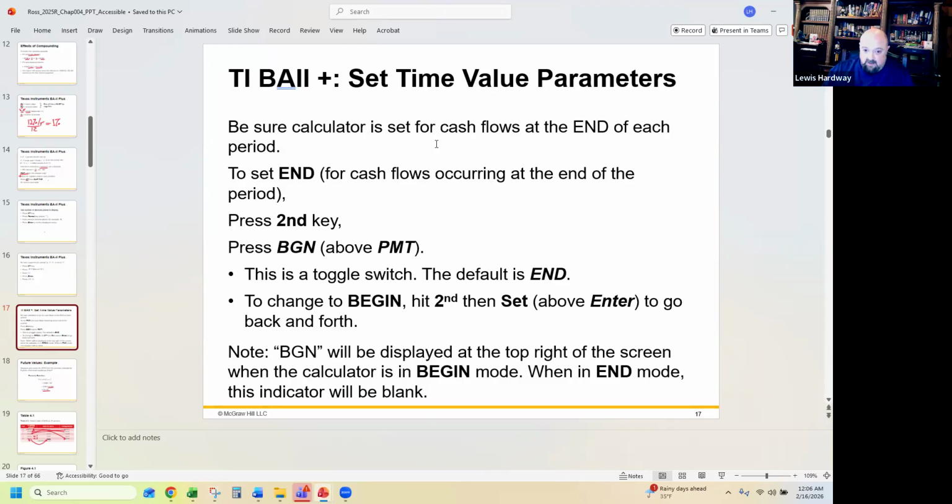Then you press the second key again and you hit the set button, which is right above the enter key, the second button from the left on the top row. And now it changes it to BGN. Also at the top of your calculator, you can see that BGN shows up on the right. And now if I do second set again, you can keep toggling back and forth by hitting second and then the set key.